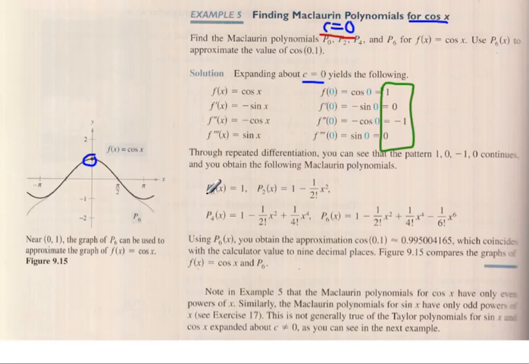So p sub 0 is going to be just the value of f at 0, right? That's what we would have had before. Of course, that's not going to be very good as soon as you get off that one point at 0. But anyway, the second order Maclaurin polynomial is that value.